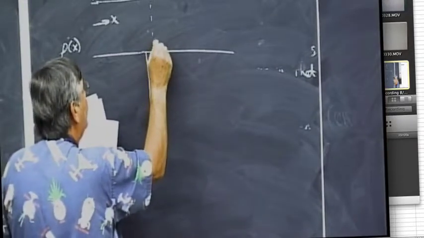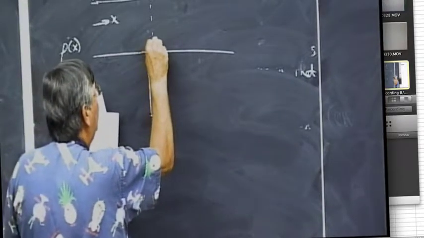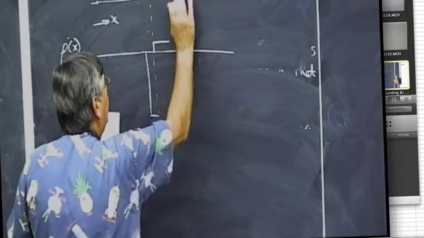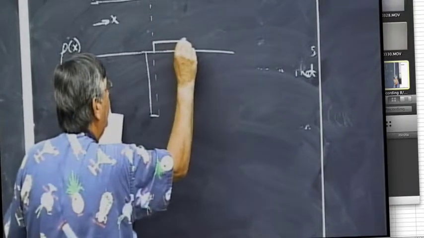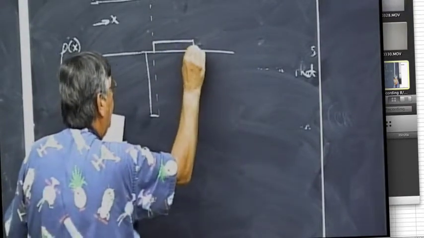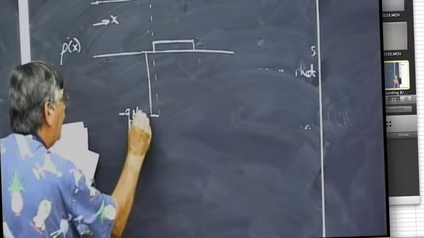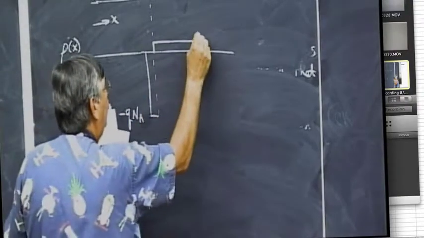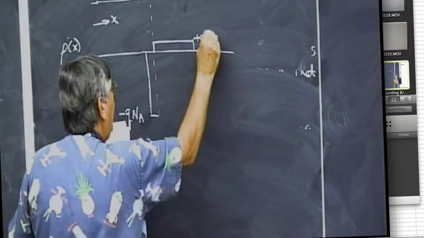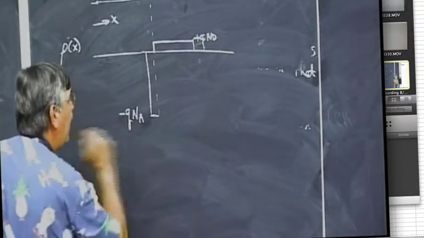Over here, we've got a lower concentration of donors. Go out a little farther here, and they're positively charged. So this is, as I showed on the previous diagram, minus Q times Na, and this is plus Q times Nd.